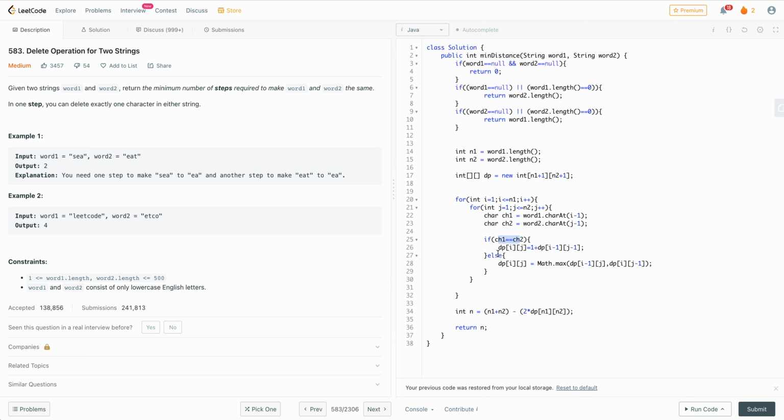Then populate dp[i][j] with value 1 plus dp[i-1][j-1]. Else populate dp[i][j] with the maximum value from dp[i-1][j] and dp[i][j-1], which represents the largest common subsequences formed after deleting one character from the first word and second word respectively.